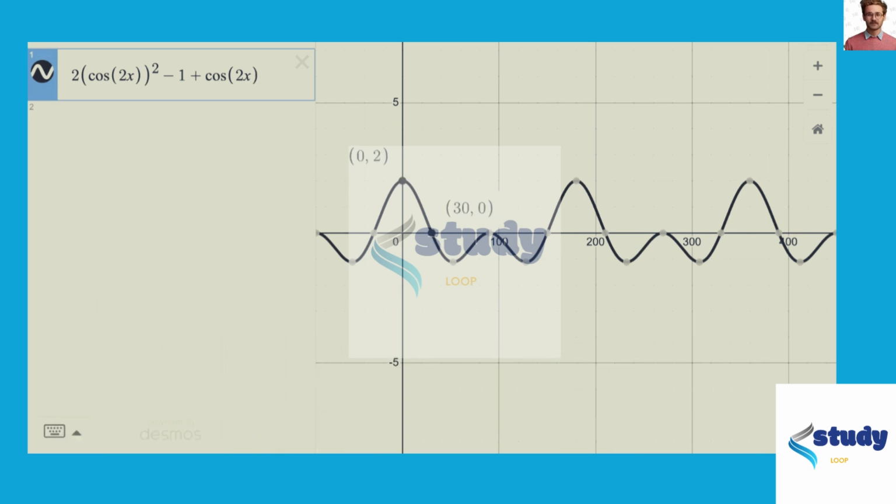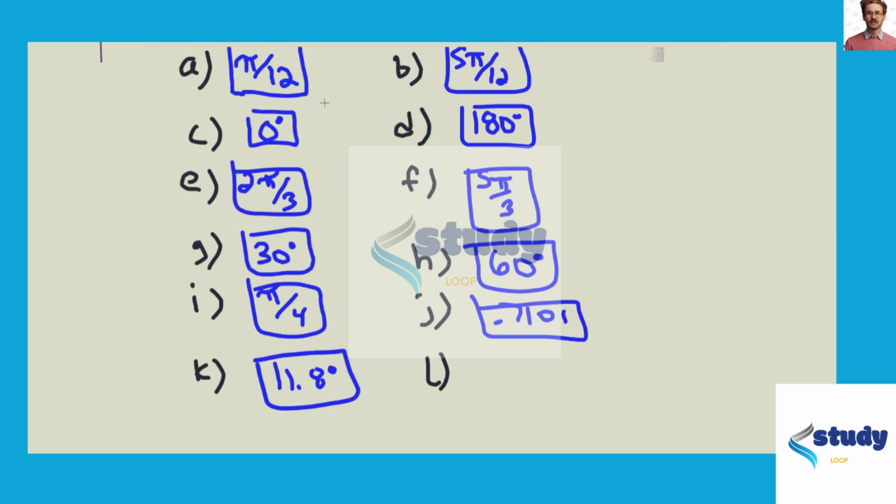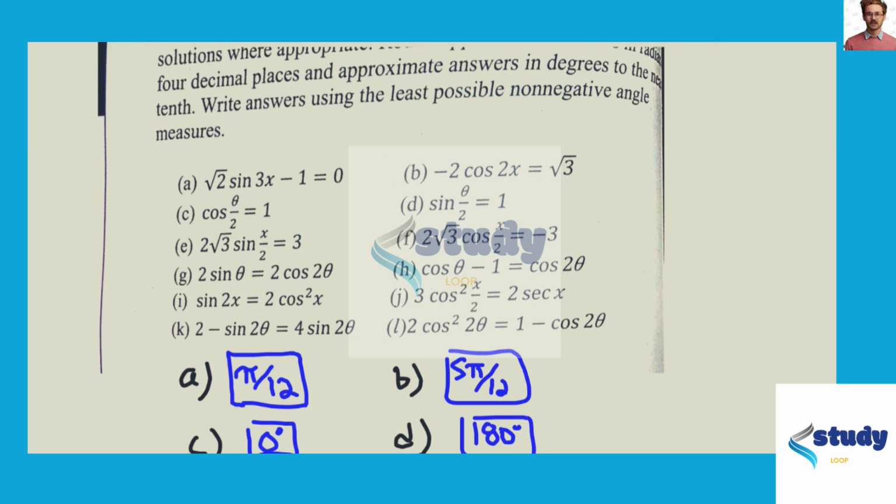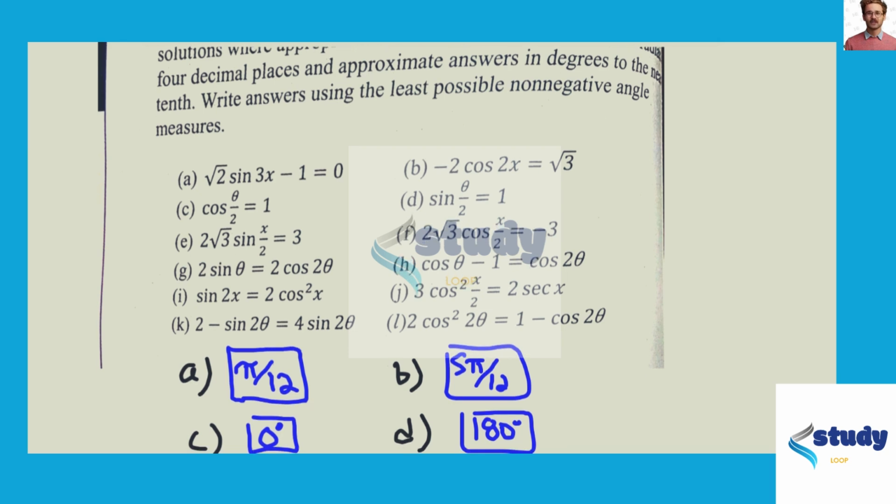I would say 0, but you might also say 30, but the first non-negative would actually be 0.